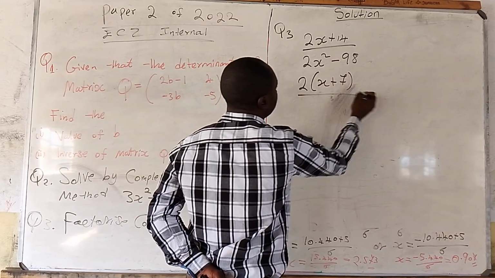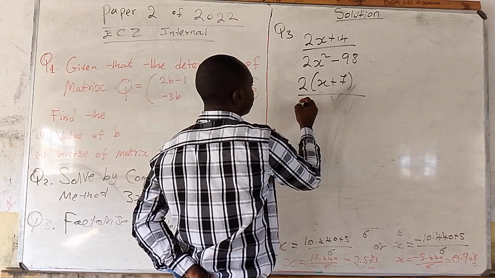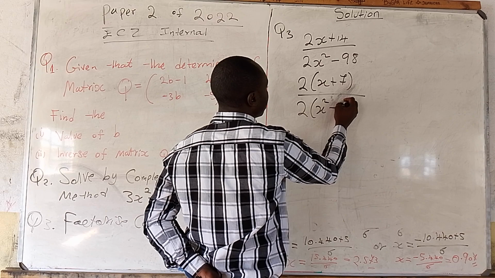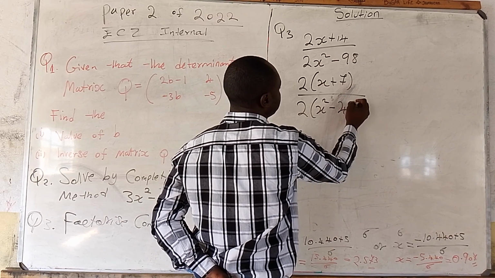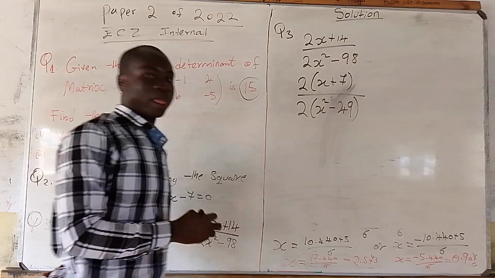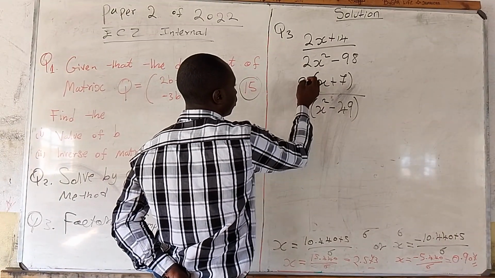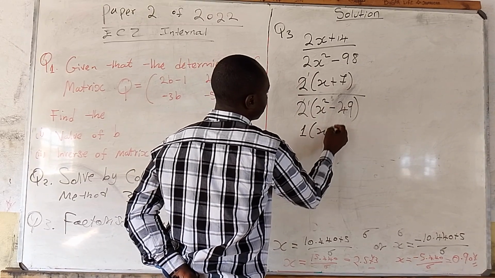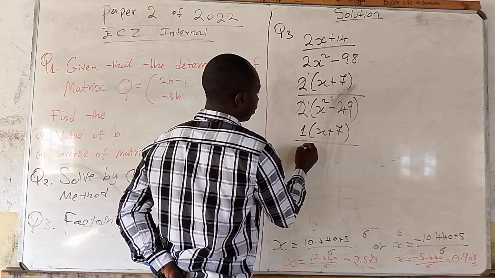Then in the second step, we can factor out 2 again, and we are going to have x squared minus 49. You can divide the 2 there, 1, and 2 there, 1. So that will just give you 1 times x plus 7, divided by 1.